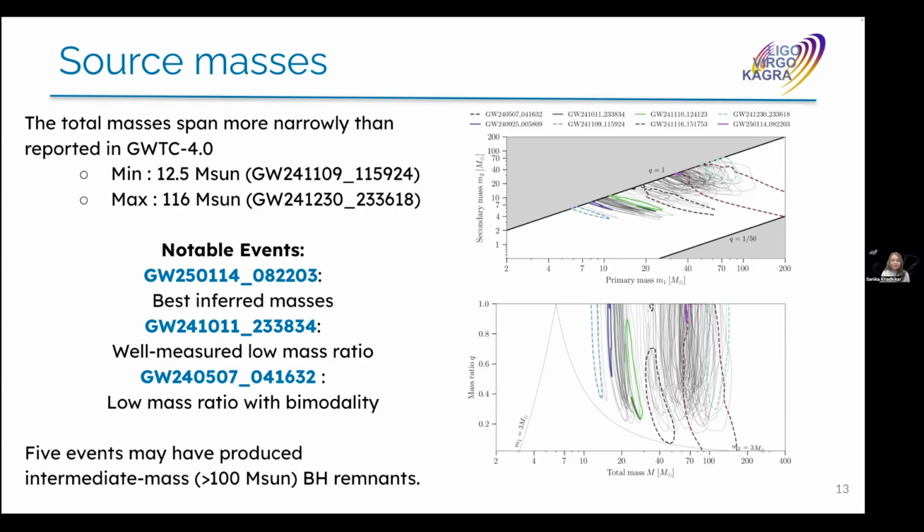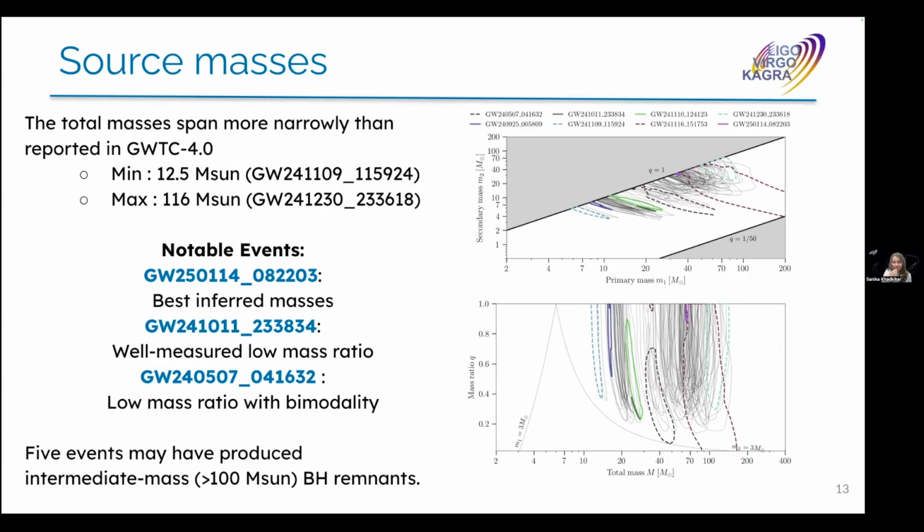But the notable events that we want to direct your attention towards are, as Leo also mentioned before, GW250114, which is our loudest event so far. And owing to that, we also have the best inferred masses for 250114 as well. Then we have GW241011, which is a very well measured low mass ratio event.